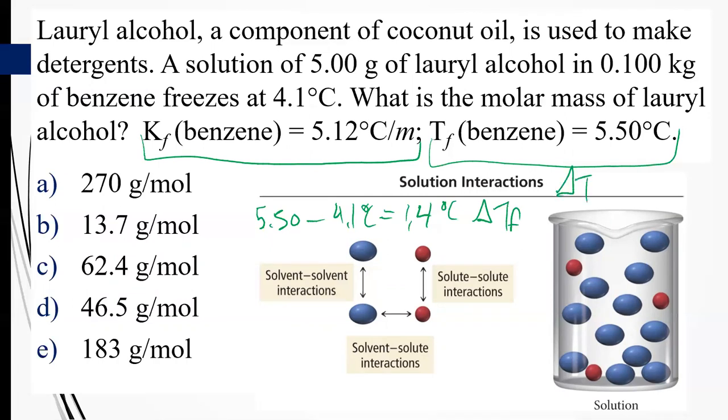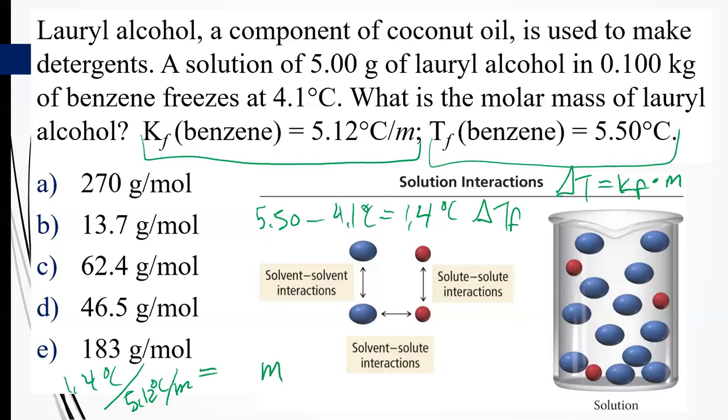Now, delta T is equal to KF times molality. So my delta T is 1.4 degrees Celsius. My KF is 5.12 degrees Celsius per molality, and this is my molality.